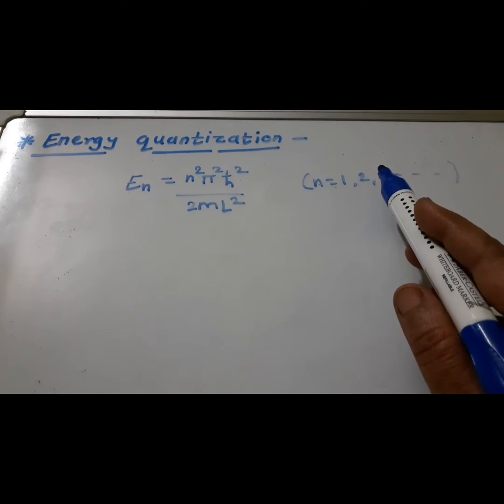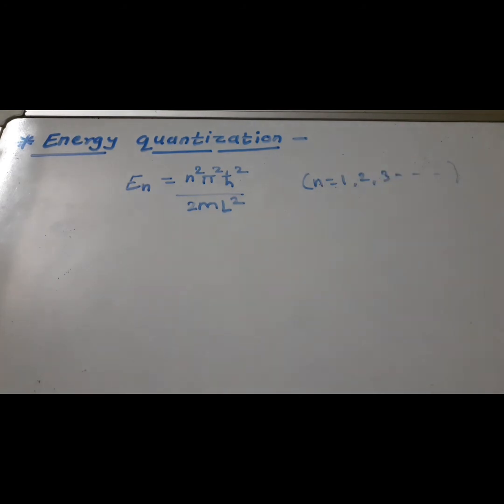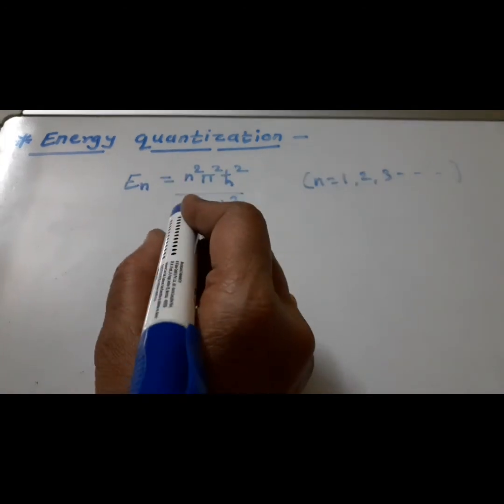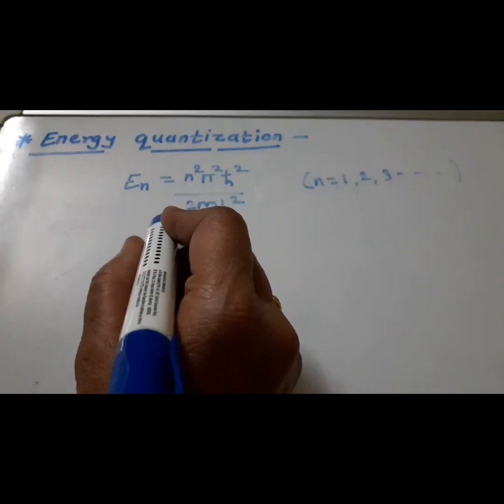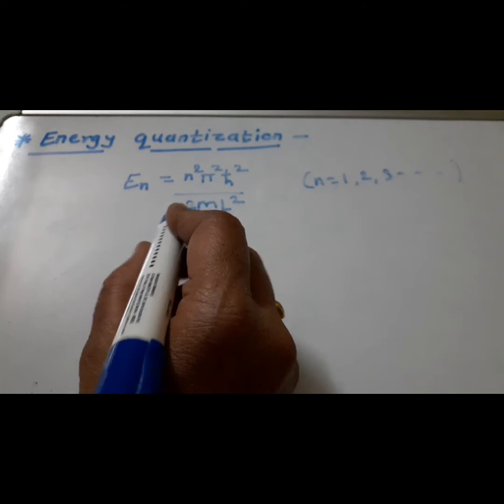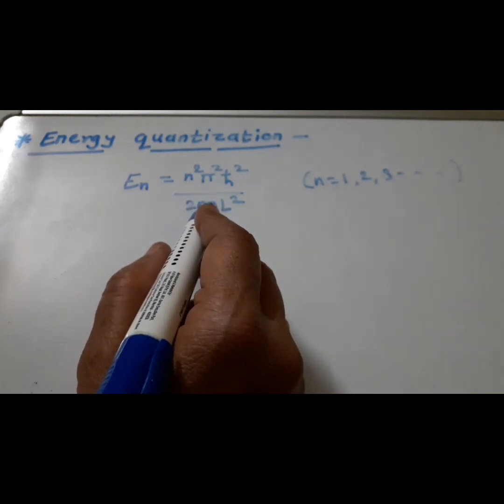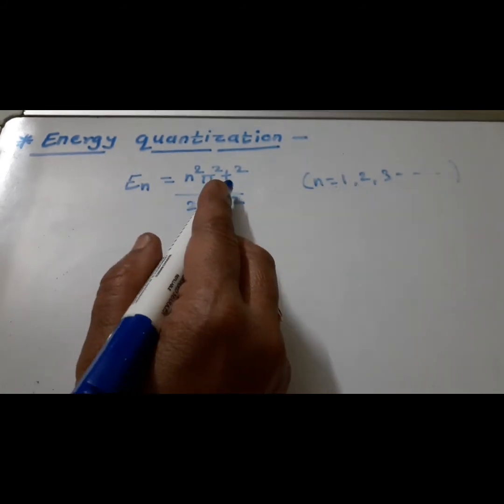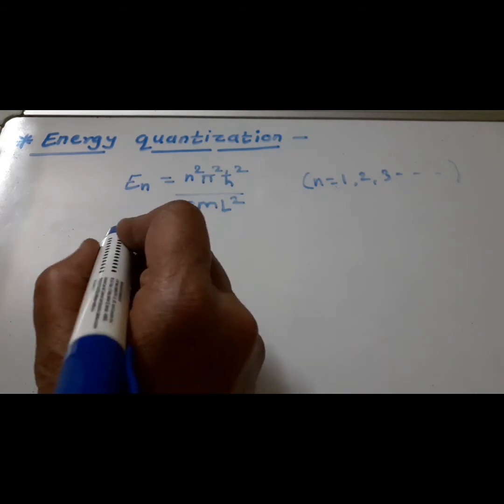Therefore, first of all we have to put in the values of h cross squared, pi squared, m and L. Here m is the mass of the particle, and h cross is the reduced Planck's constant.